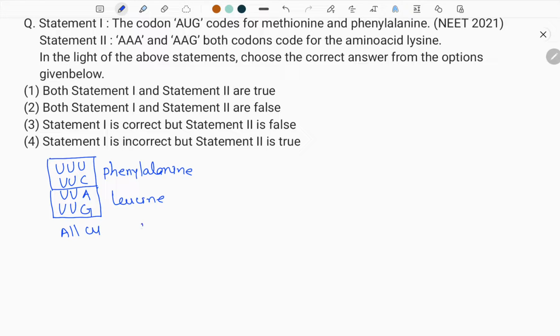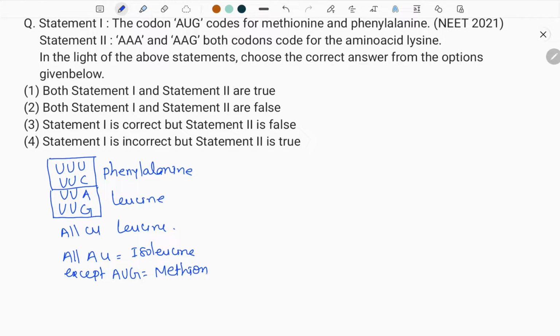They too code for the same leucine. Next we have AUs. All AUs will code for isoleucine, except AUG. The AUG will code for methionine.